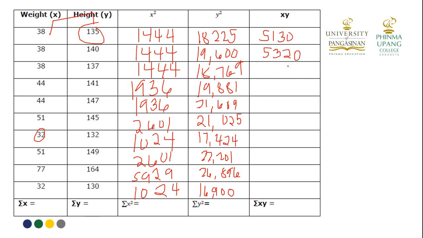Next is 38 times 137, 5,206. 44 times 141, 6,204. 44 times 147, 6,468. Next is 51 times 145, 7,395.